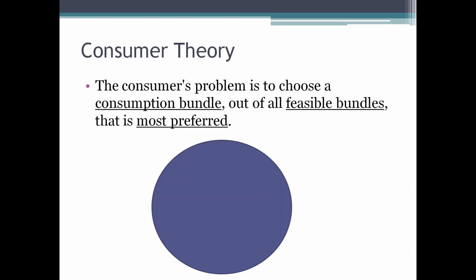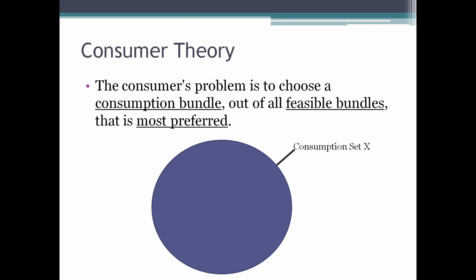In order to understand it more, I'm quite sure that visualizing these concepts will make it easier to understand. So let's assume, this is just a hypothetical example, that this closed circle is our consumption set X, and this is a closed set.